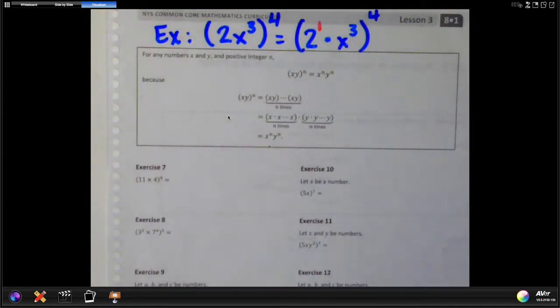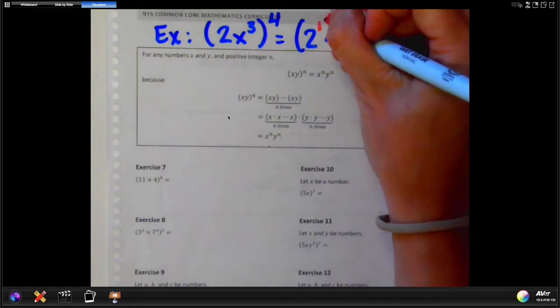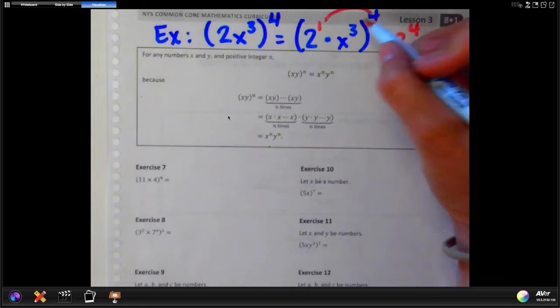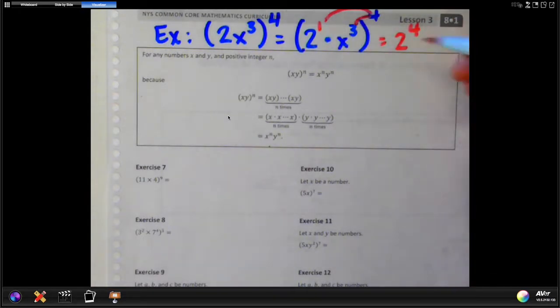We're going to distribute it, basically. So we're going to take that 4 and multiply it by the 1 to get 2 to the 4th power, and then we're also going to multiply it by the 3, so times x to the 12th power, and this is now our answer in the unsimplified form.